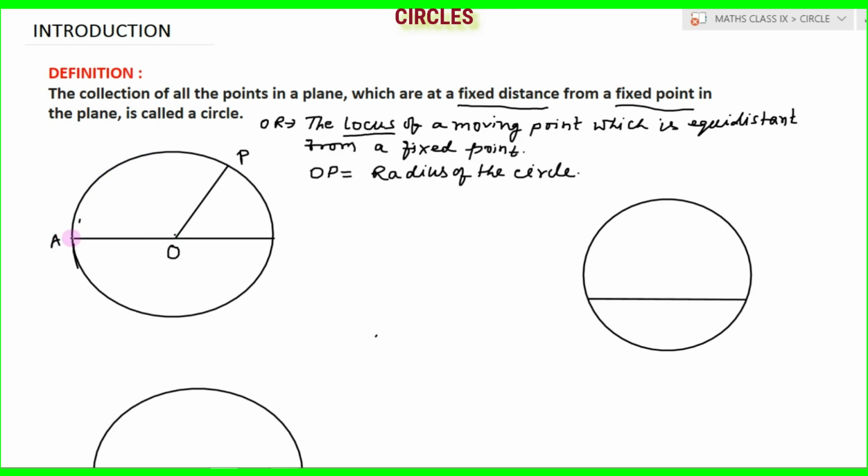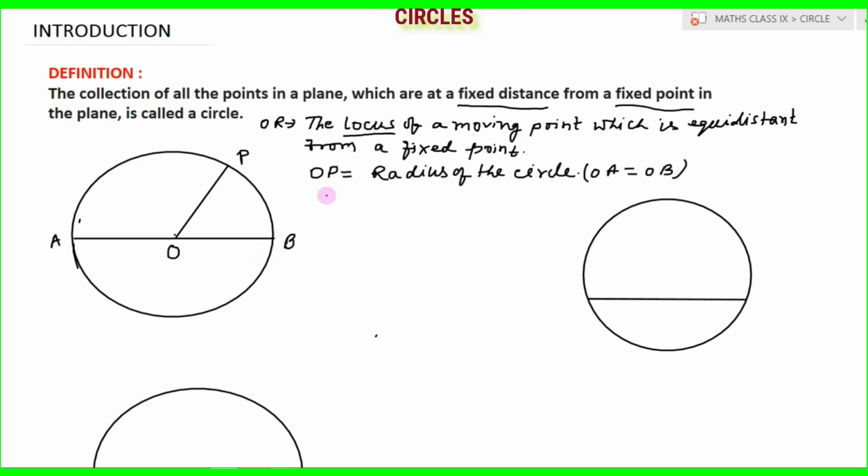So OA is also a radius, and if we mark point B, then OB is also a radius. All the distances from the center to the circle are called the radius, and that is the fixed distance.